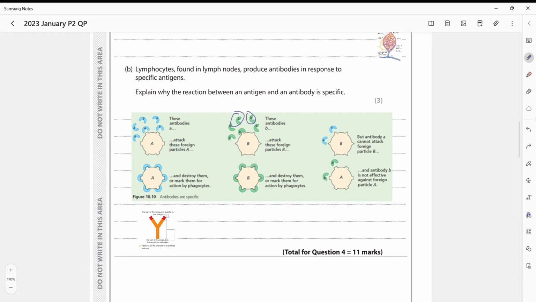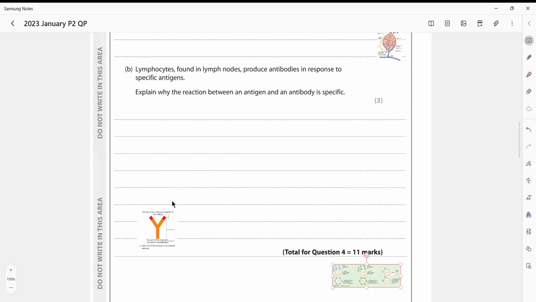And this type of binding is what we refer to as complementary. So this shape is complementary to this shape here. Likewise, this shape here is complementary to this shape here. Okay, so let's make these diagrams smaller so we can write down the answer.